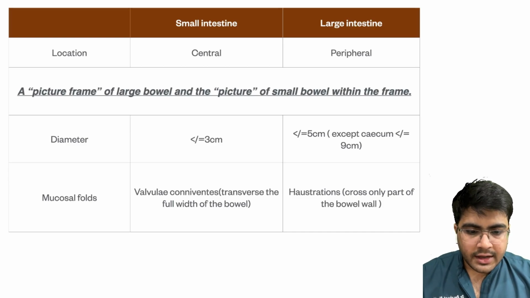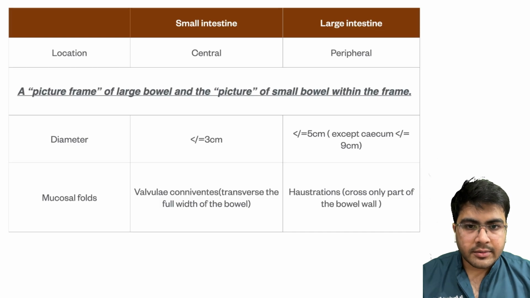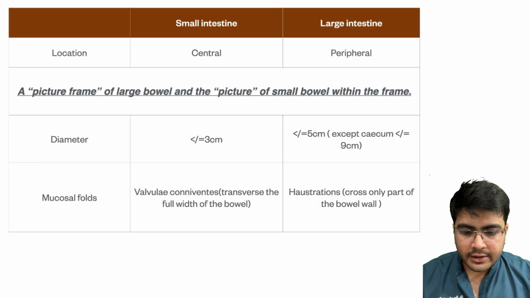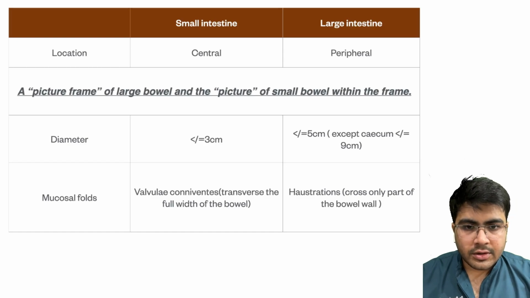And the next thing is you need to assess the diameter. The diameter of the small bowel is usually less than or equal to 3 centimeters, less than or equal to 5 centimeters for the large intestine, and for the cecum it is usually less than or equal to 9 centimeters. Next, coming to the mucosal folds.